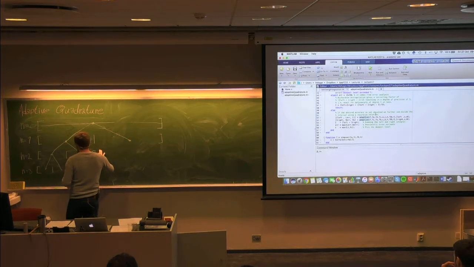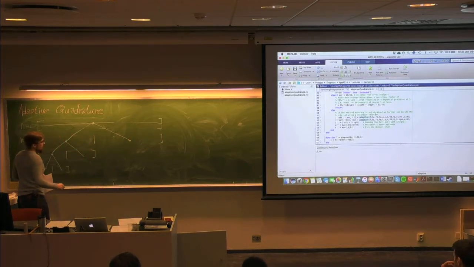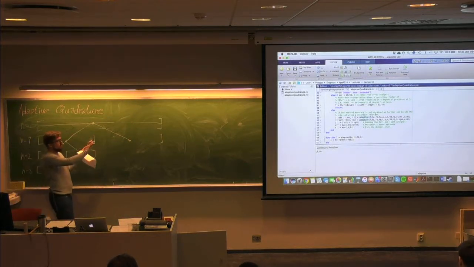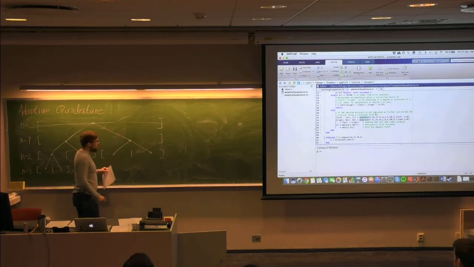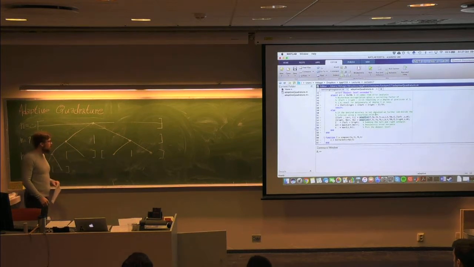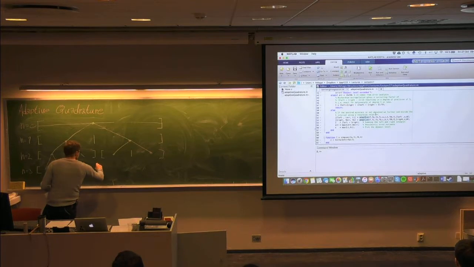And the way this is implemented is that it could be that this is going to split again. It could be that this gives you a good enough estimation over here, but on the left-hand side, you have to go a few levels deeper.